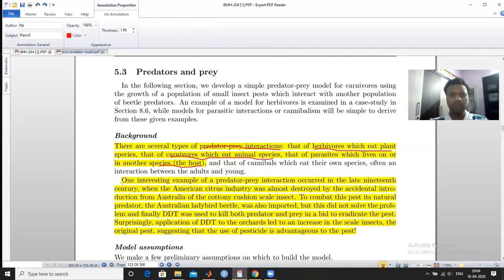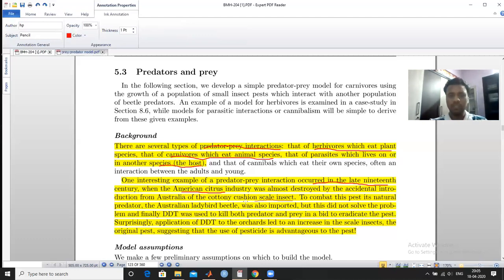One interesting example of predator-prey interaction occurred in the late 19th century, when the American citrus industry was almost destroyed by the accidental introduction from Australia of the cottony cushion scale insect.